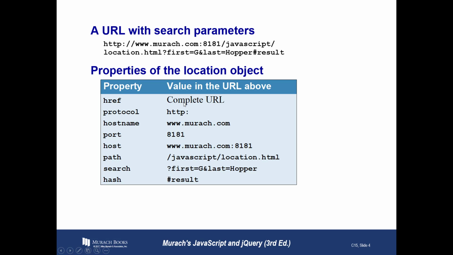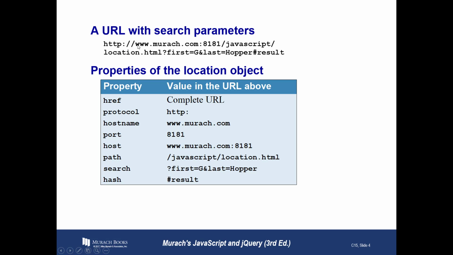What they say in here is when you work with a location object, these are the different pieces that are in there. The complete URL, the complete uniform resource locator, is everything that's in here. The protocol is HTTP, meaning we're using the Hypertext Transfer Protocol.